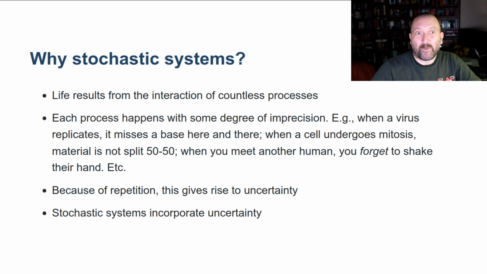Perhaps you forget that you're not supposed to shake hands with the person you meet, and you actually end up shaking hands once. All of those little mistakes lead to a certain degree of uncertainty, and that uncertainty is typically well incorporated in stochastic systems.